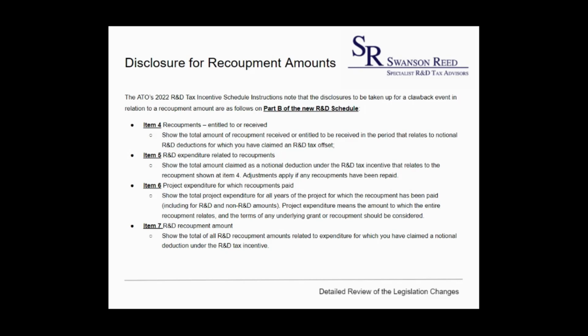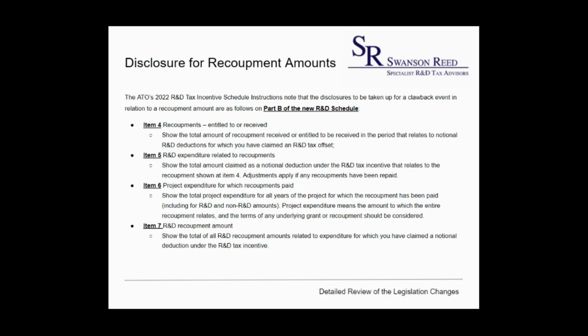Adjustments may apply if any recoupments have been repaid by the company. At Item 6, project expenditure for which recoupments were paid, show the total project expenditure for all years of the project for which the recoupment has been paid, including both R&D and non-R&D amounts.